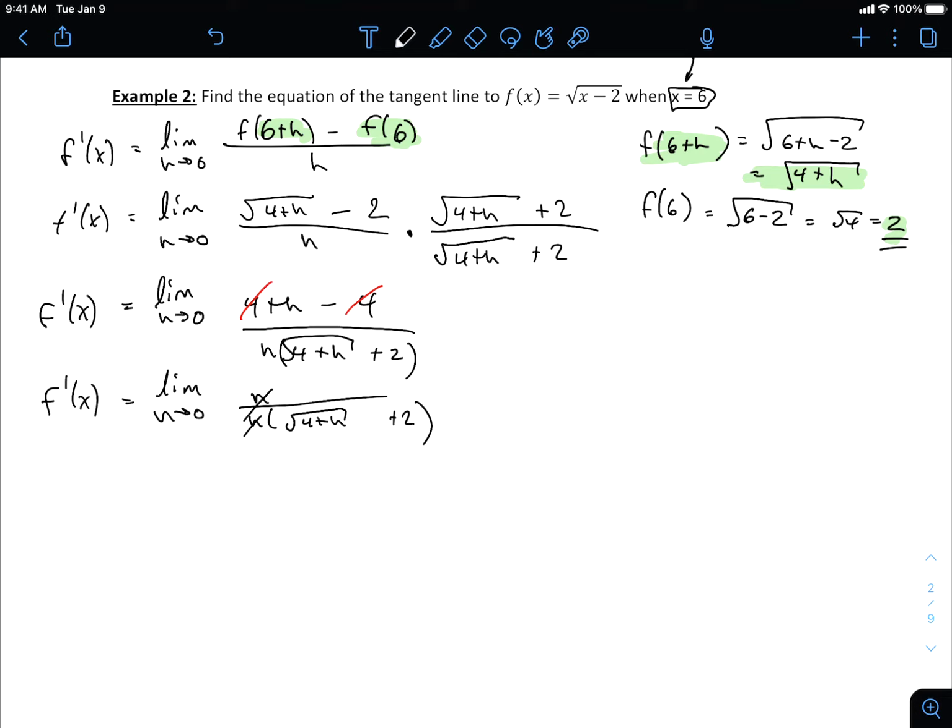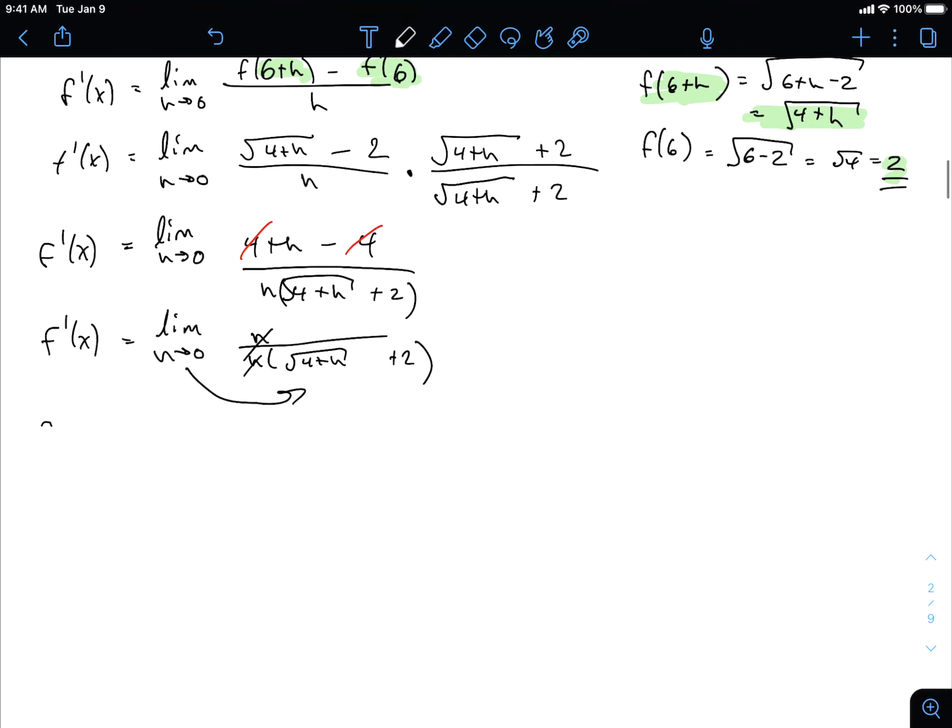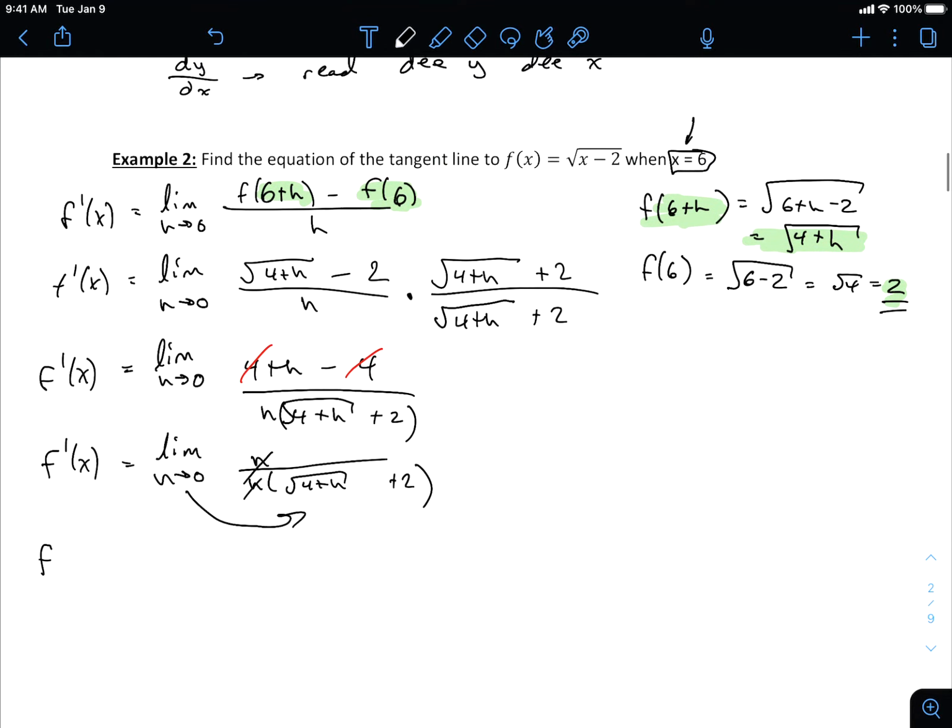What are we left with? If I evaluate this by plugging in h, I'm not going to get a 0 in the denominator, which is nice. One other thing: I have specifically said that I'm evaluating the slope, not f prime of x, but f prime at 6.